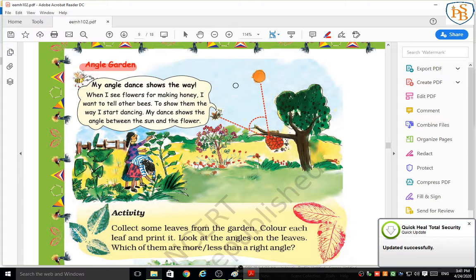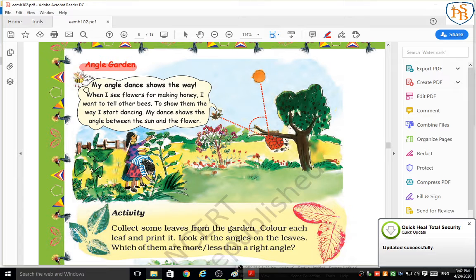We made a divider, and by using this divider, we went around all the area, and after that we measured the different angles. Like that, here also we have to go in a garden which is the angle garden.